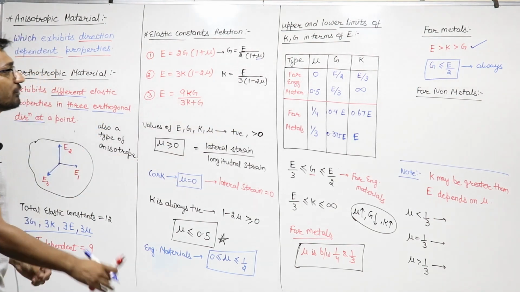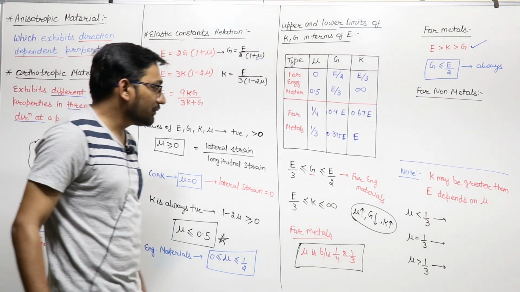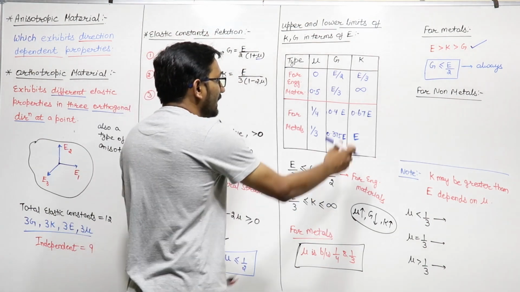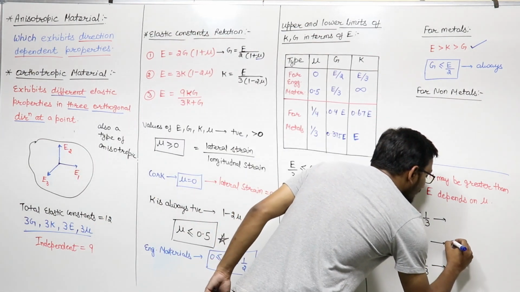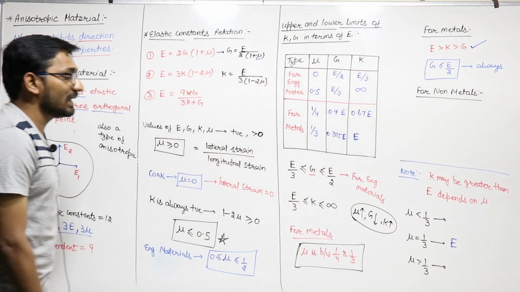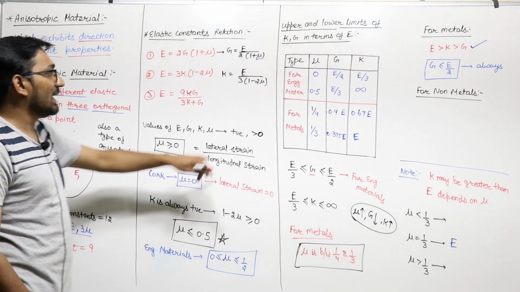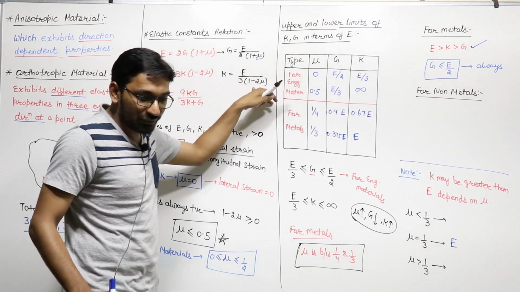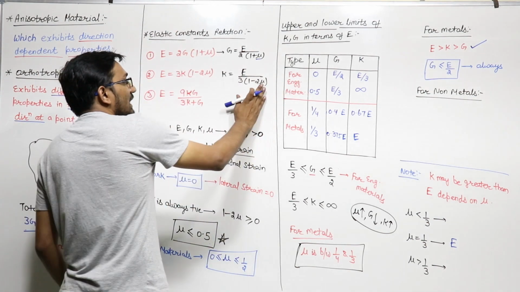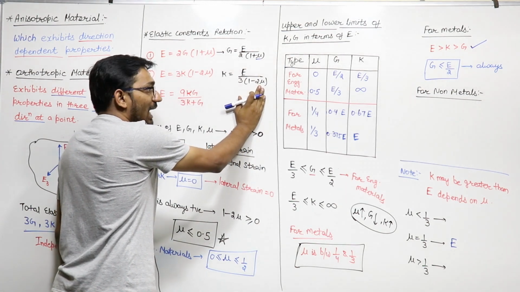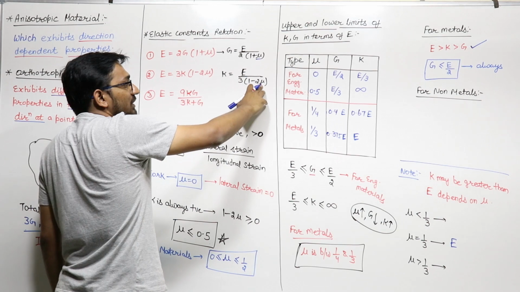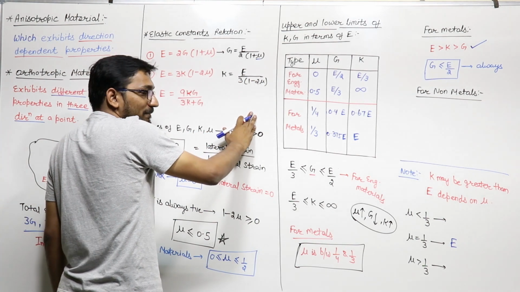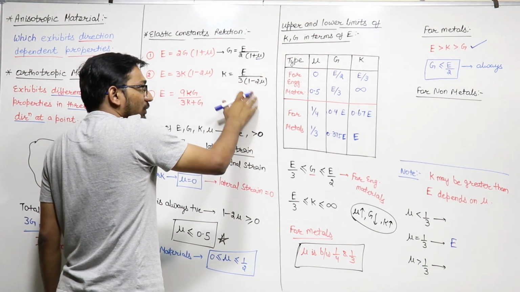So if the value of mu is 1 by 3, in this case the value of K is E. And if you put the value of mu here less than 1 by 3, let us put the value 1 by 4 here, this is 2 by 4, 1 by 2, 1 minus 1 by 2 is 1 by 2, this is 3 by 2.